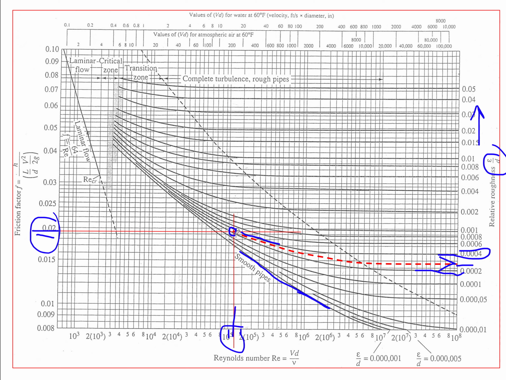So we're pretty smooth right here. We're very close to the smooth pipe. A smooth pipe will have a friction factor of approximately 0.017. We are 0.019, so we are probably within 8% of that.